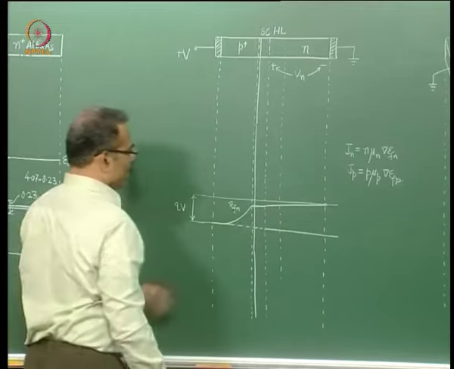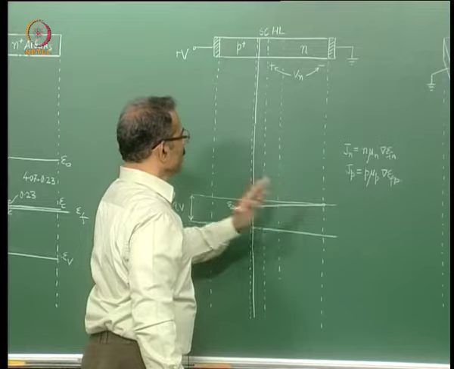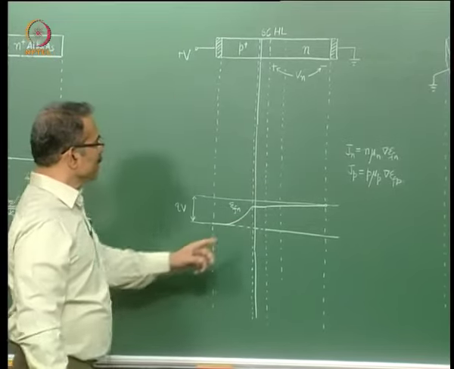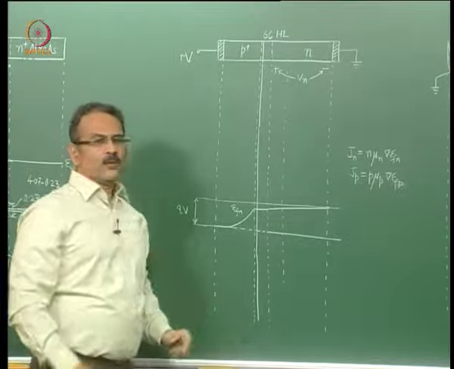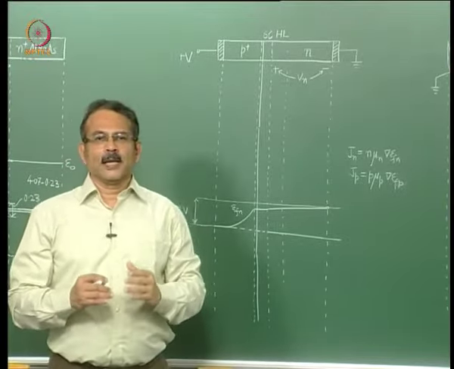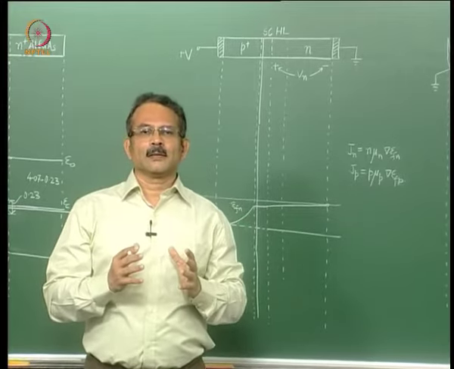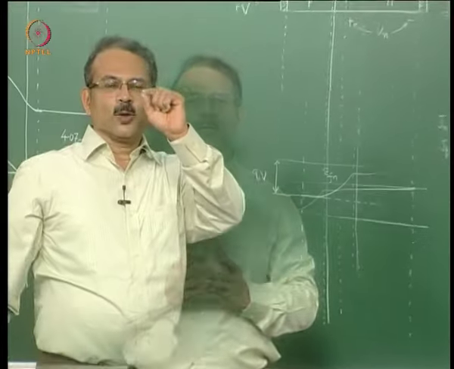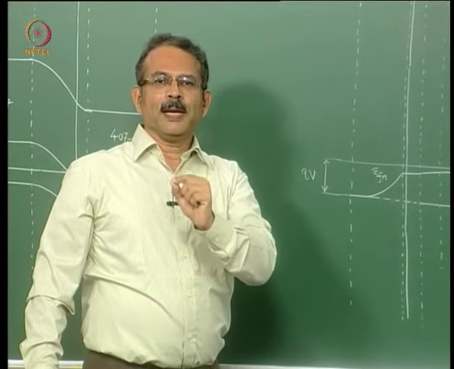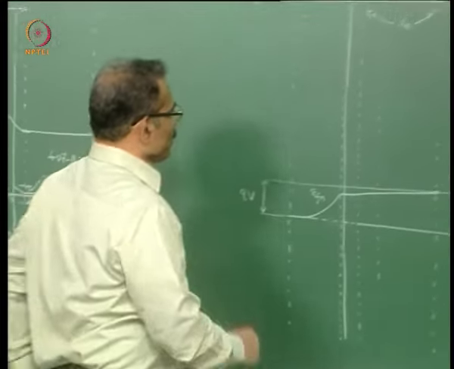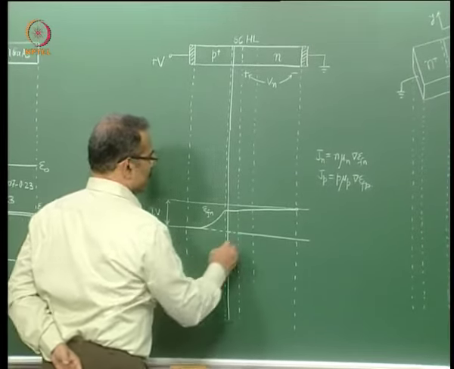Now EFP in the neutral N region. This is where one has to take care of the fact that there is high injection level. If you recall the band diagram of an illuminated semiconductor under high injection level, EC minus EFN is equal to EFP minus EV. So EFN and EFP should be parallel in the high injection level region.